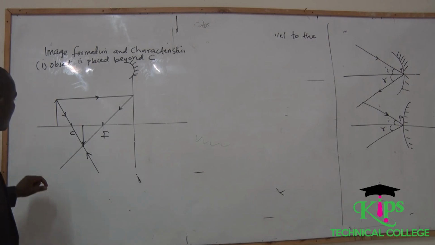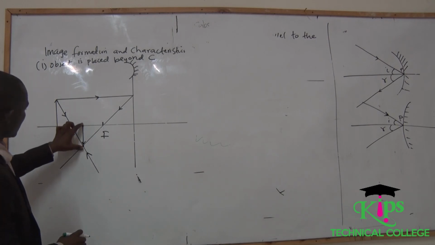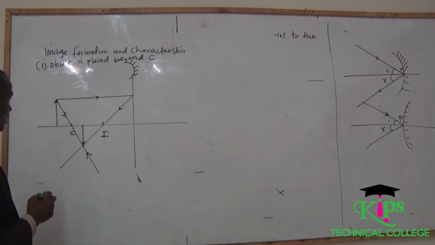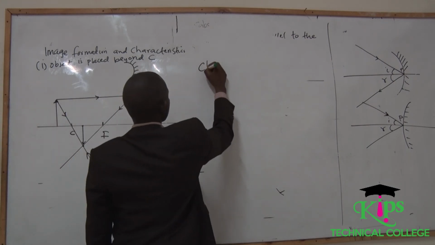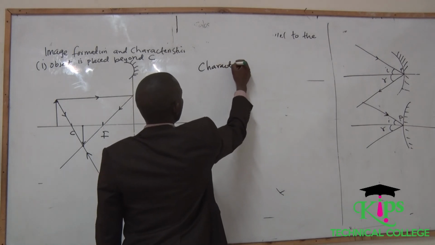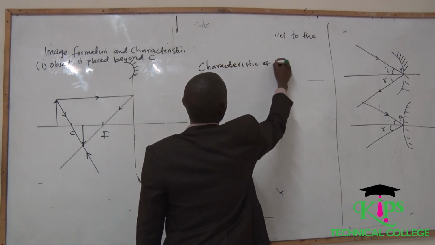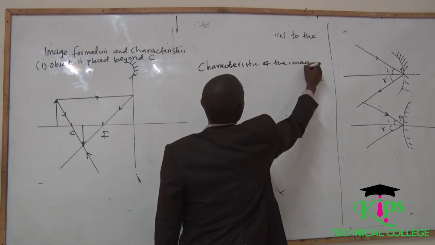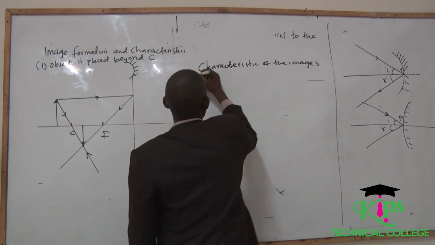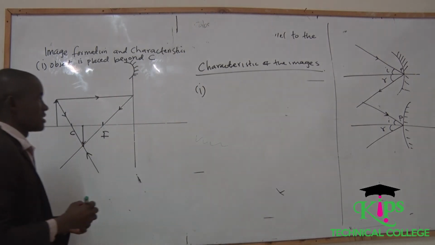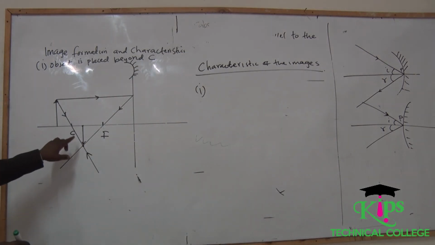So you can see, if you compare this image and this image, we want to write their characteristics of the image. So the first point is, you can see the image is inverted.